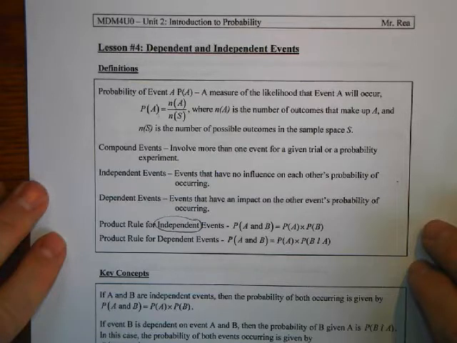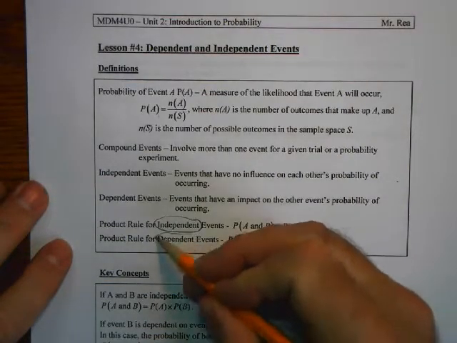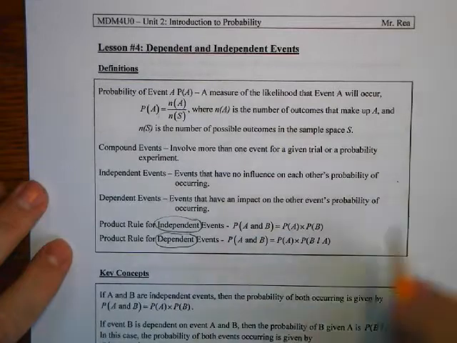Because if you did, you'll have one less 7 that you can choose. And if you didn't pick a 7 in the first event, then you'll still have 4 to choose from. So the probability for B is changing depending on what happened with the first event. We call those dependent events because they depend on each other.